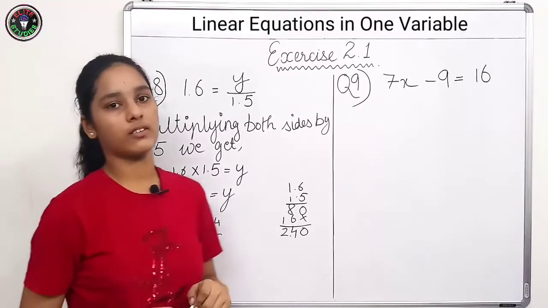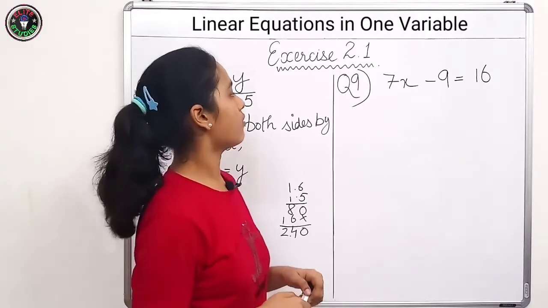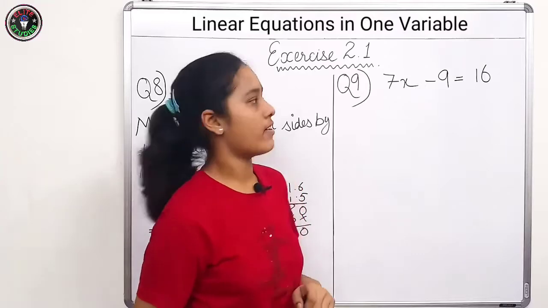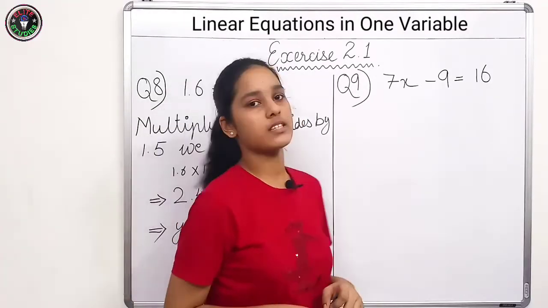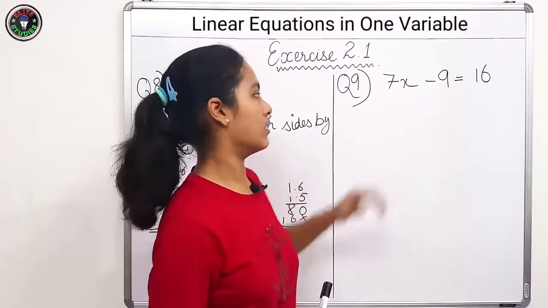Let's proceed to our question number 9. Our question number 9 is 7x minus 9 is equal to 16. First, we need to get rid of this 9.